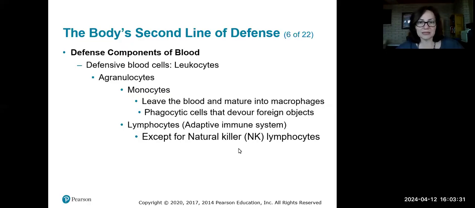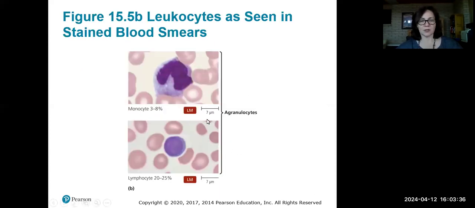But we're not going to make a big deal about these natural killer cells. All right, so here they are, the agranulocytes, the monocytes. They're not a huge proportion of the white blood cells, but they do have an important role out in the tissues when they mature into macrophages. And then we'll talk about the lymphocytes more next week.